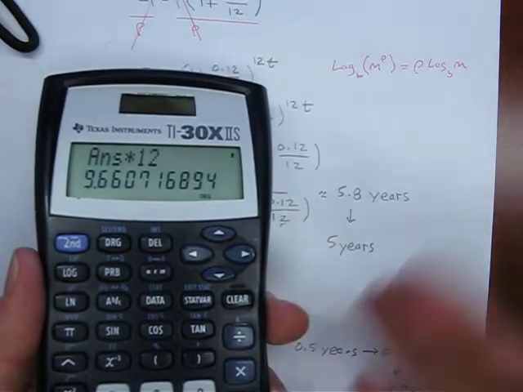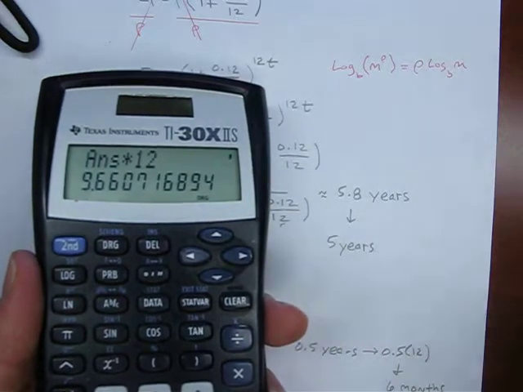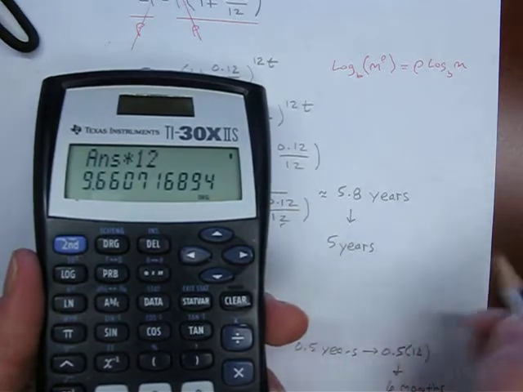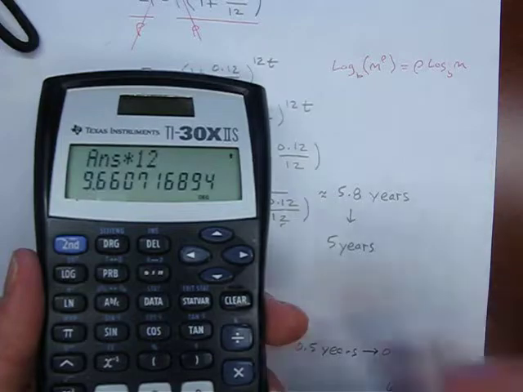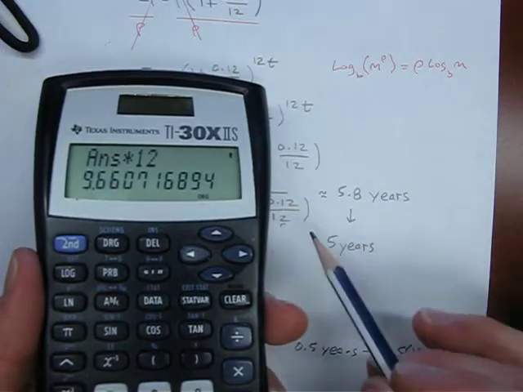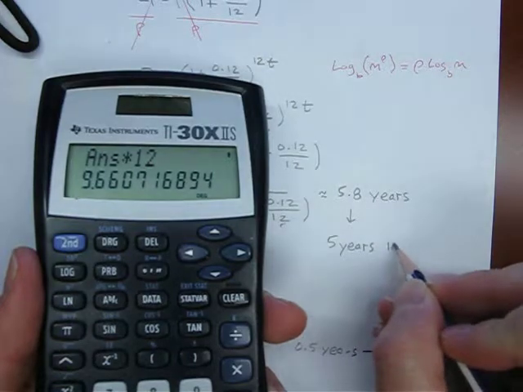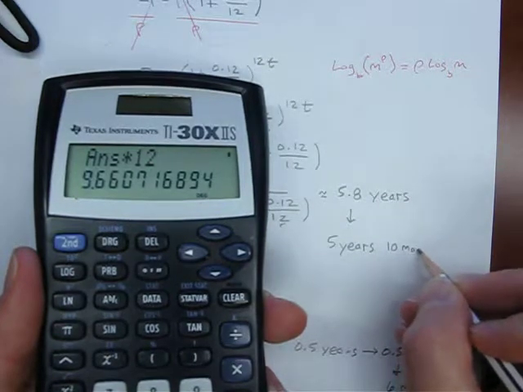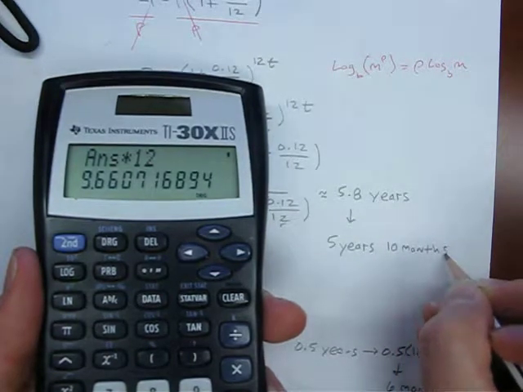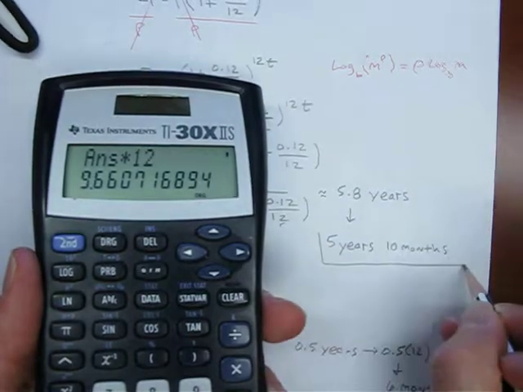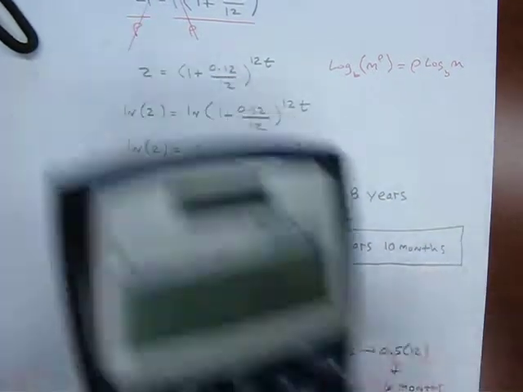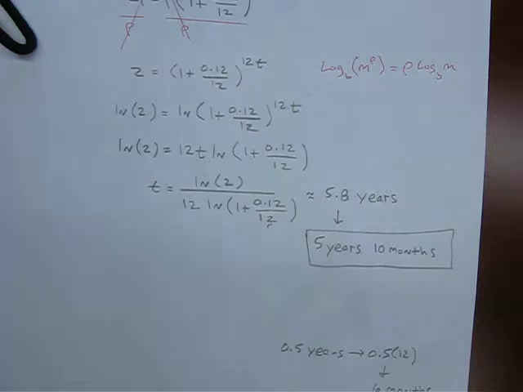So we will probably round our answers. The question should always say how we're rounding. And say we round to the nearest month. So 5 years, 9.6 months will be 5 years and 10 months. Okay, so 5.8 years is actually 5 years and 10 months.